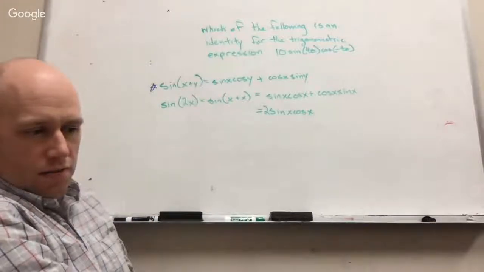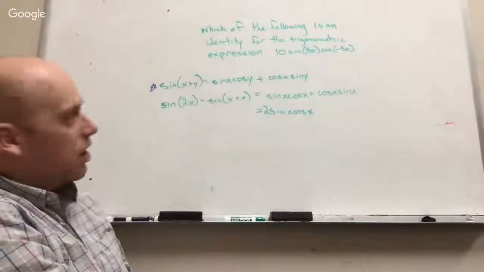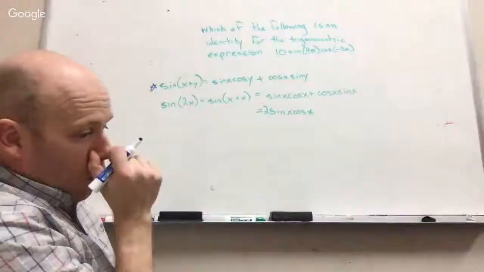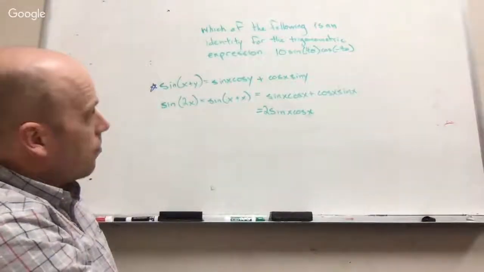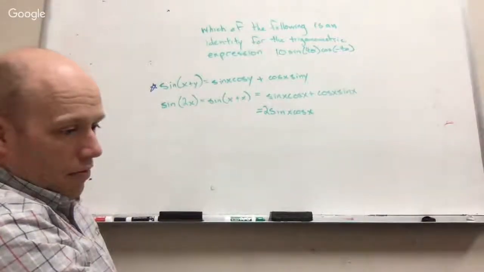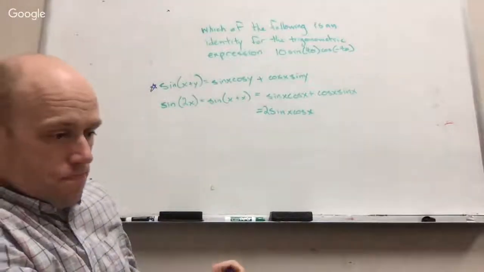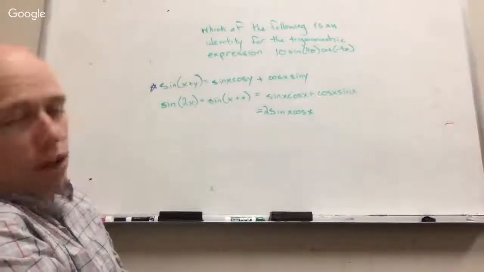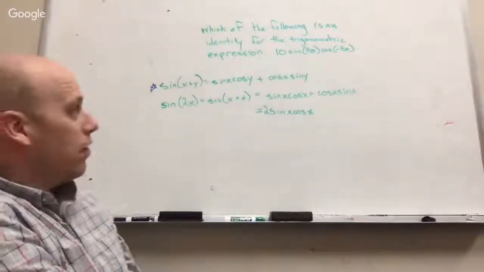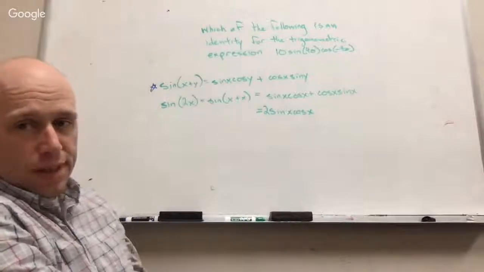You with me there? Okay. So how might I find my way around that? Well, what do you know about cosine of a negative number? Do you know anything about that?